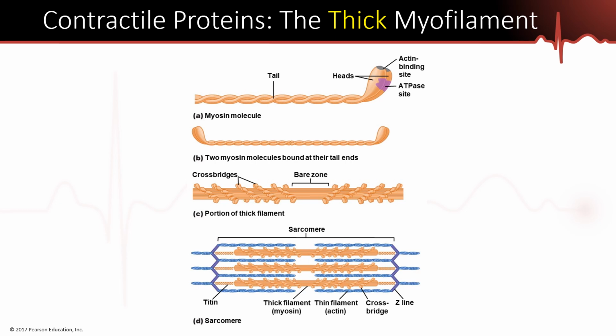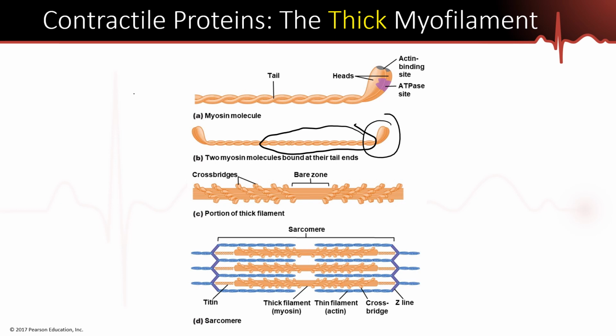What a myosin protein has, first of all, is a tail, and then from the tail, there are two heads that are formed. That's what a myosin protein is made up of: a tail and two heads. You can see it here too. There's a tail, and those are the two heads of the myosin protein.